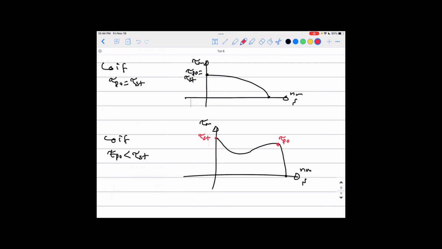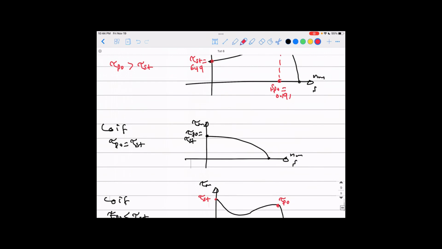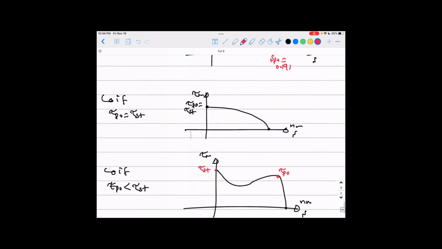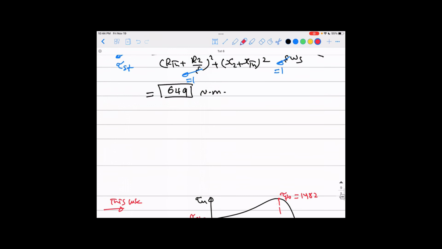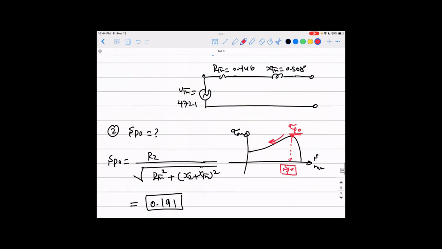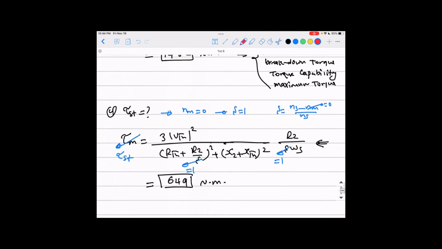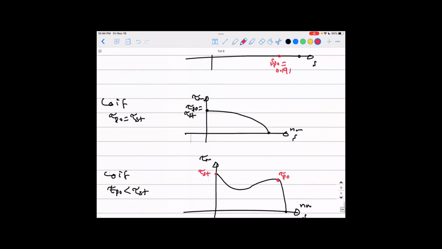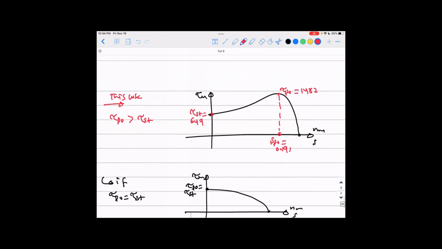So it depends on the relationship between the pullout torque and the starting torque: which one is higher, or whether they are equal. You need to look at this before you roughly plot the torque-speed curve. But if you want a precise curve, you should use a computer program, like we said, and it's actually fun. I'll try it myself too.